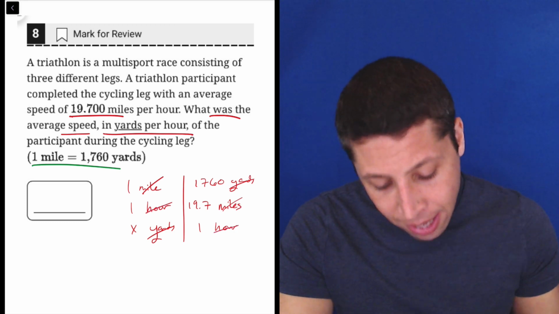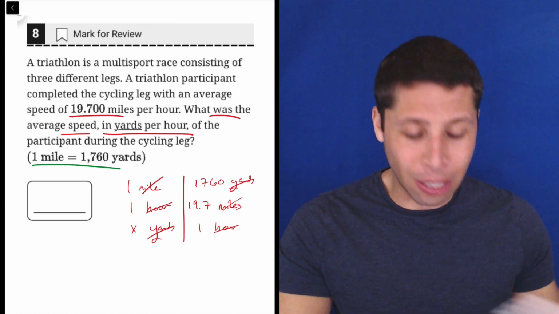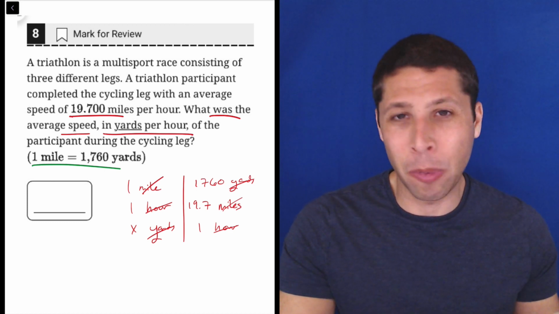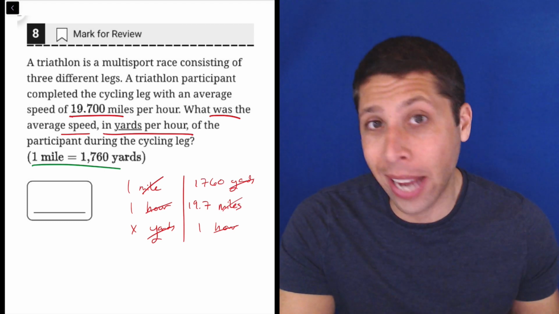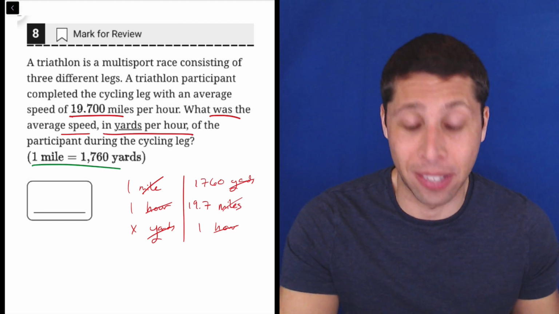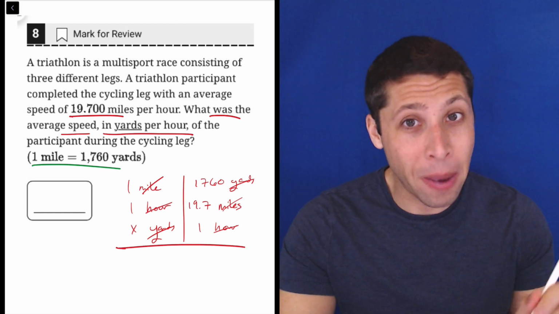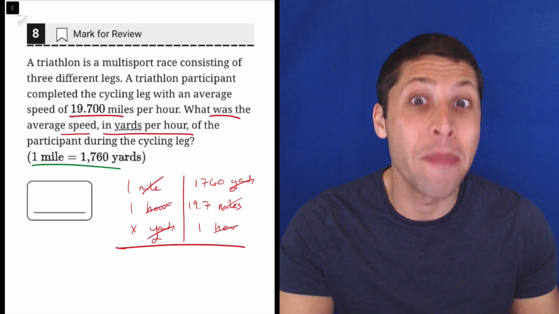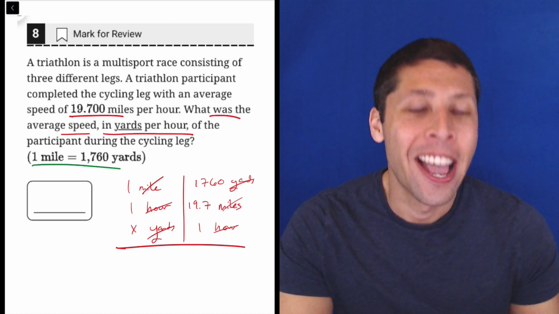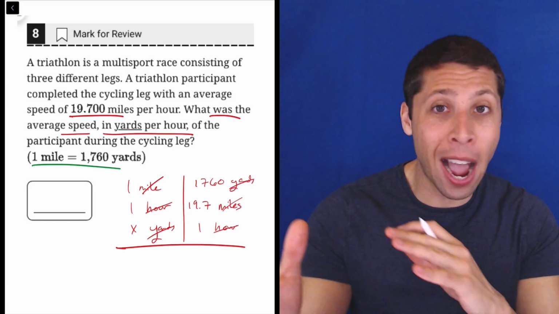So in a way, this is a little bit extra than it needed to be because we're including this hours thing when really we don't need to; it ends up canceling out. Not just because the units cancel, but because 1 hour is not going to affect the math of this at all. The reason I think this is really great though, is that sometimes they might ask for a harder version of this question where they don't want yards per hour, they want yards per minute or yards per second. And in those cases, we can use this method and then be like, okay, well, we got hours here.